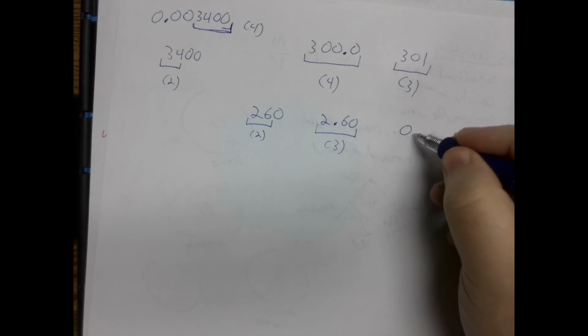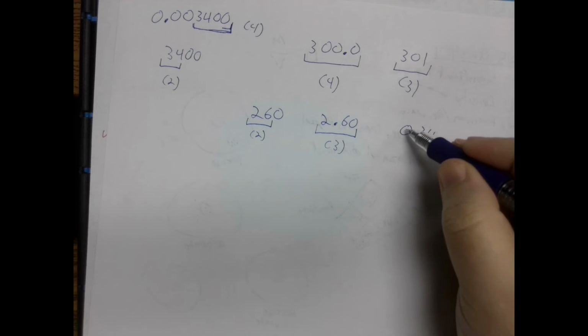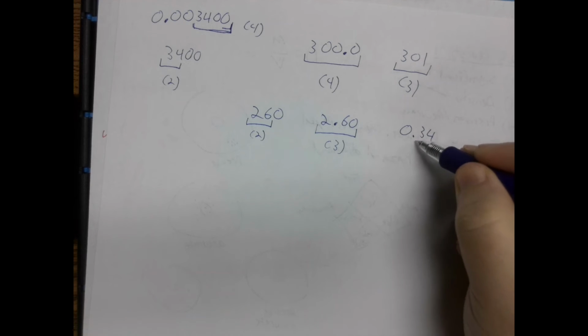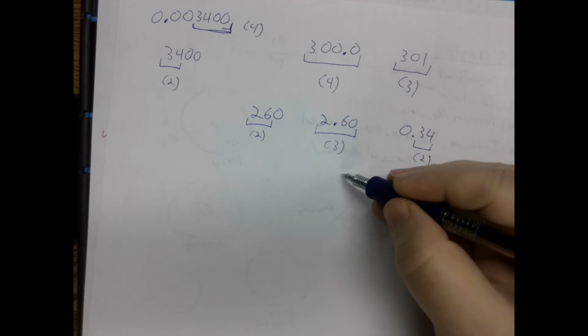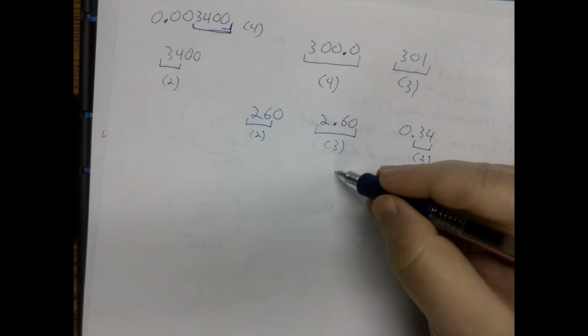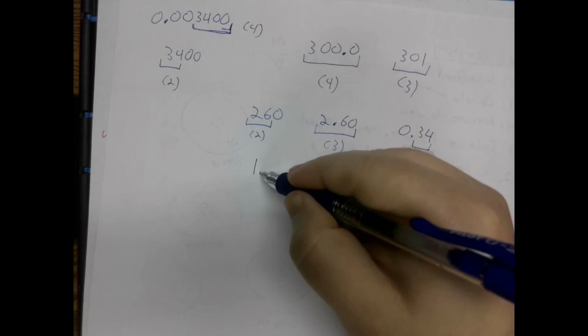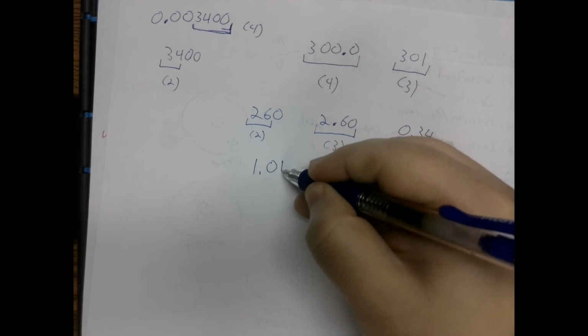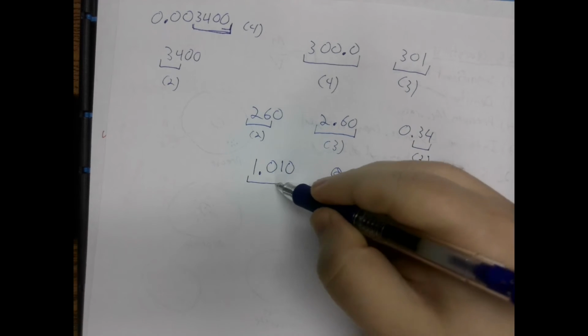And if we had 0.34, again, we always ignore leading zeros. And if we had 1.010, because there's a decimal.